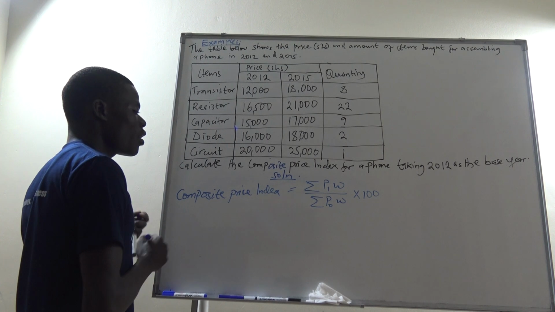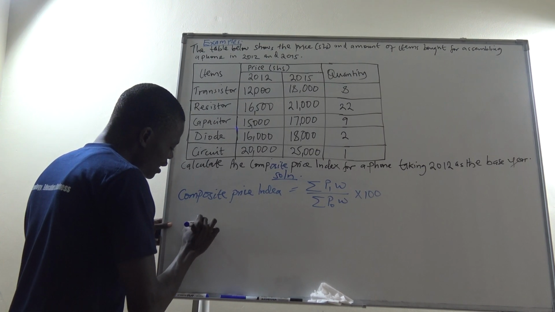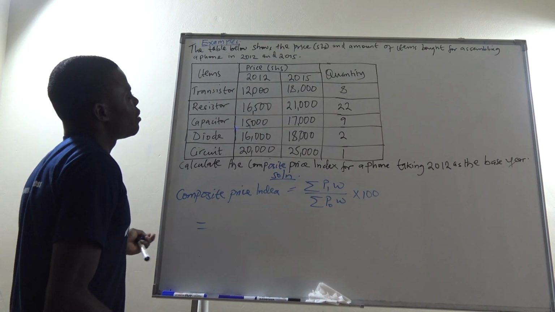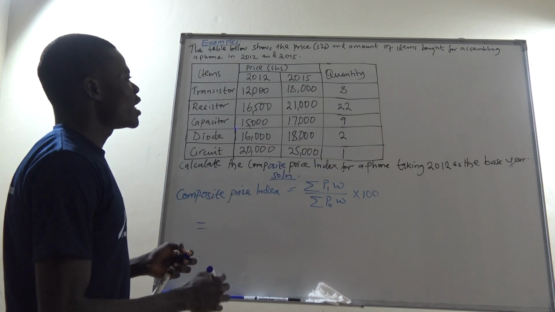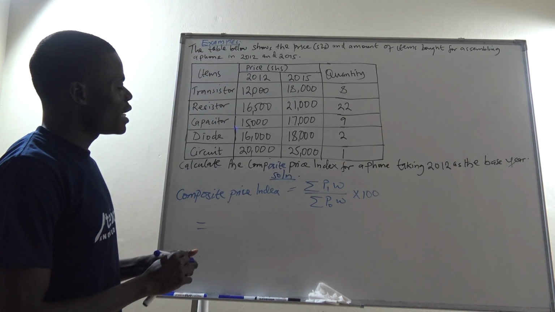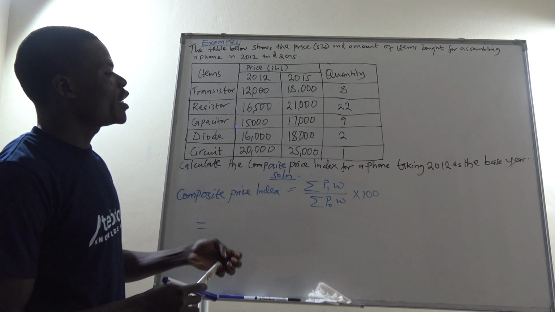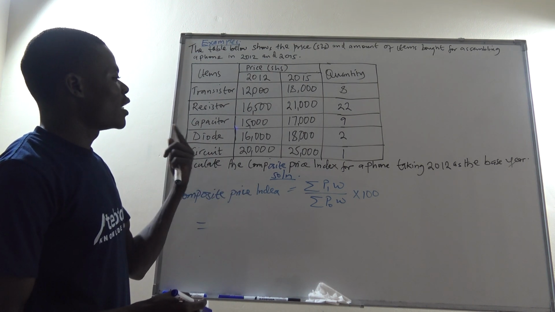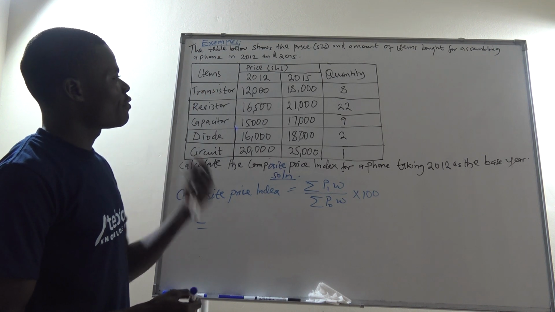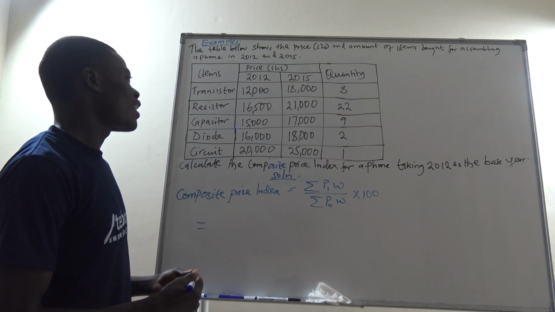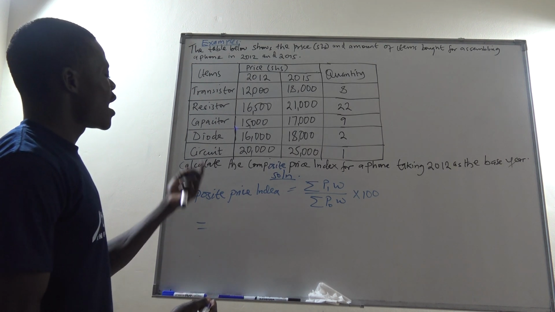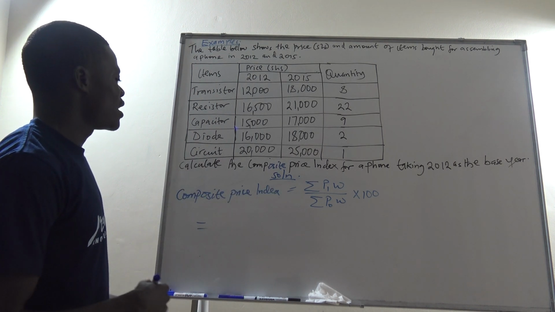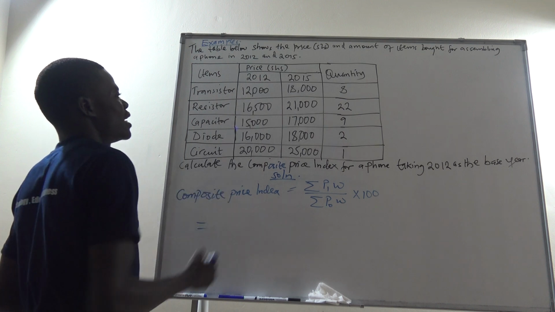Now they have said that we take 2012 as the base year, and that implies that 2015 becomes our current year. So we shall just substitute it directly in the formula and then we get the composite price index.